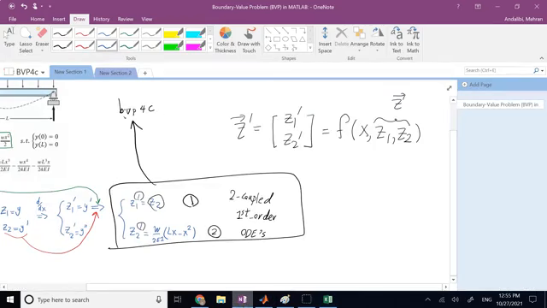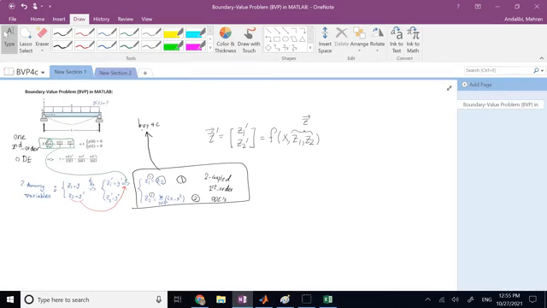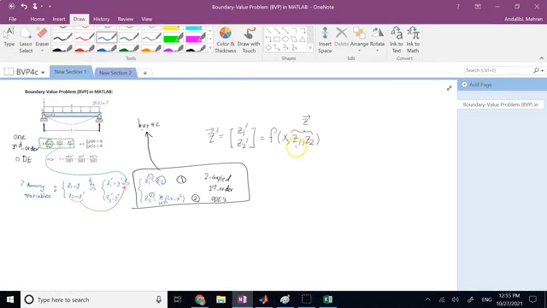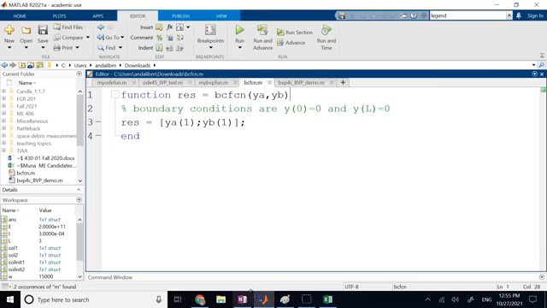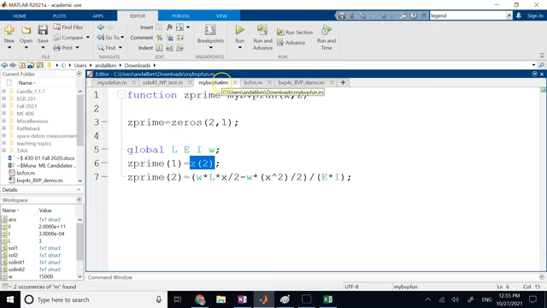That's what it does. It basically takes the dependent variables and the independent variable, and it spits out the first time derivatives. So that's what you're doing. Here you called it my bvp fun, correct?